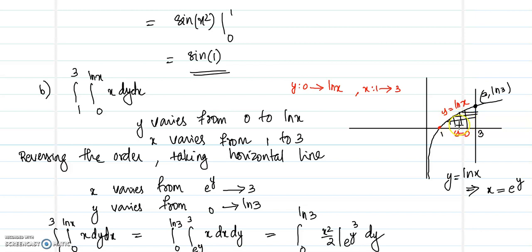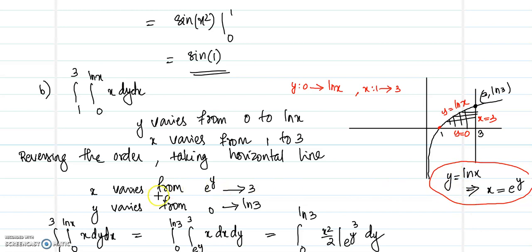Now when we take a horizontal line, on the left we have the curve. So we need to find the variation of x. y equal to ln x will give x equal to e raised to y. So on the left side, the horizontal line is intersecting the curve x equal to e raised to y, and on the right side it will be intersecting the curve x equal to 3.